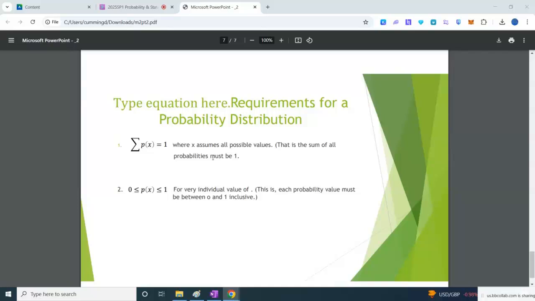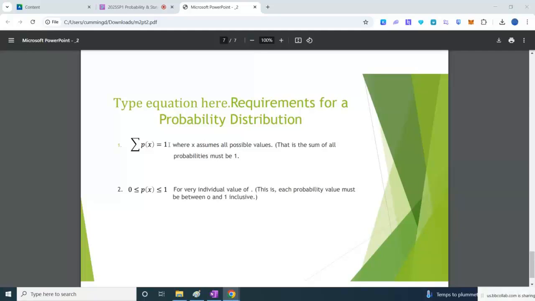The reason your probabilities must sum to 1 is because 1 as a percentage is 100%, and 100% represents the entire probability. A probability can't exceed 100%, and it can't be less than 0.